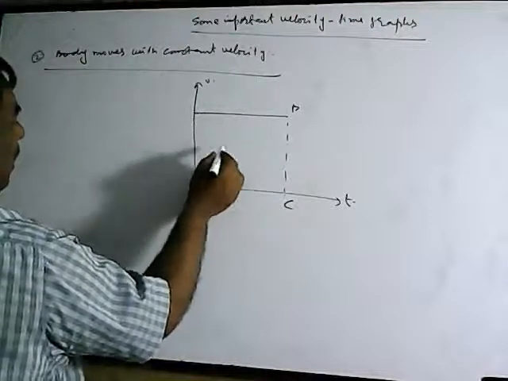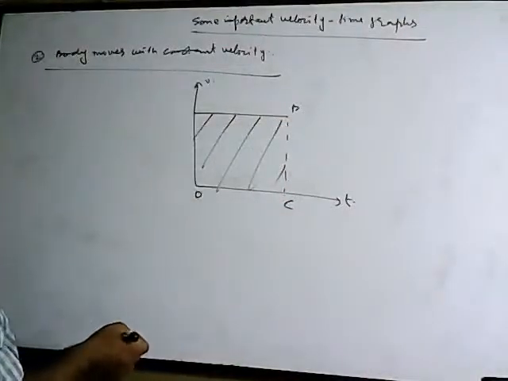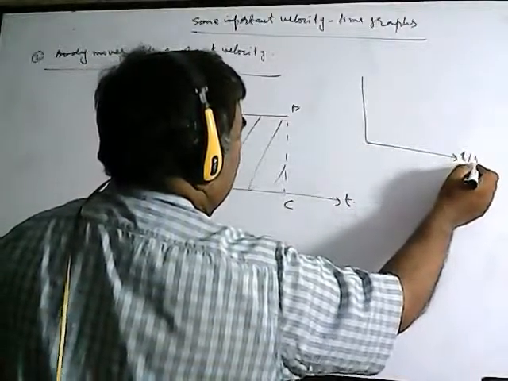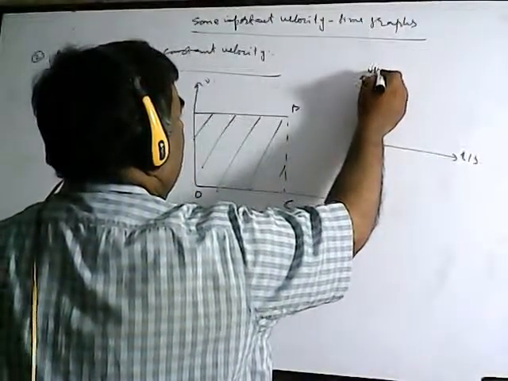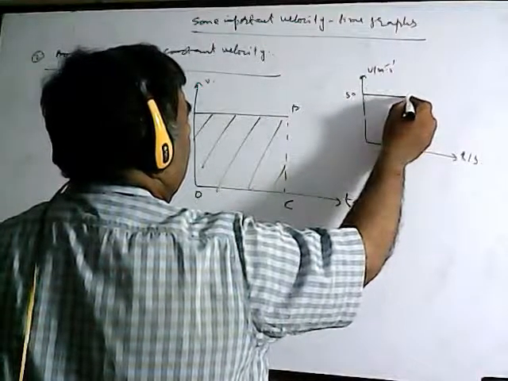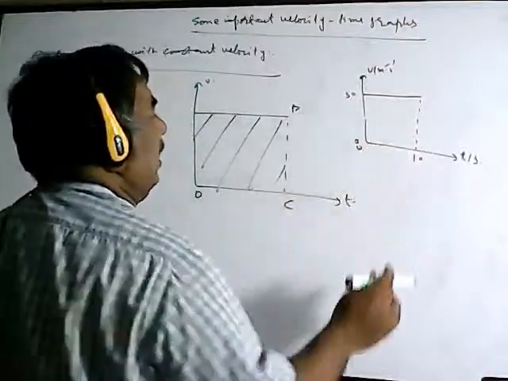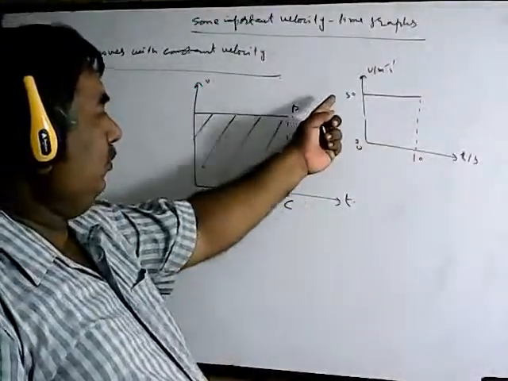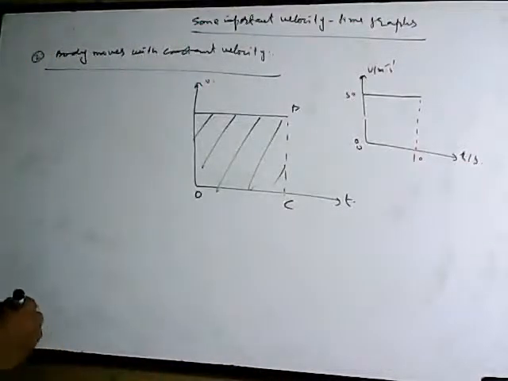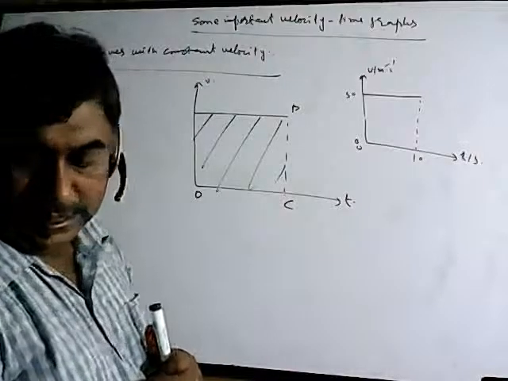Suppose this is AB, what will be this area? This will be just the displacement or distance. For example, if you have the graph of this one, suppose time in seconds, and V in meters per second, and it says 50, and it operates for 10 seconds. You should be able to translate a graph into words or words into a graph.